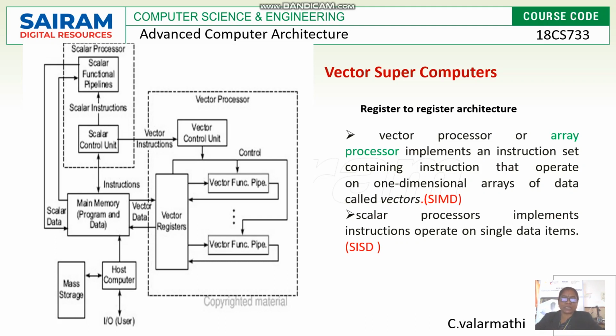So the processor should be capable of executing multiple data streams in a pipelined fashion. That kind of architectures, and that kind of processors, are called vector processors.